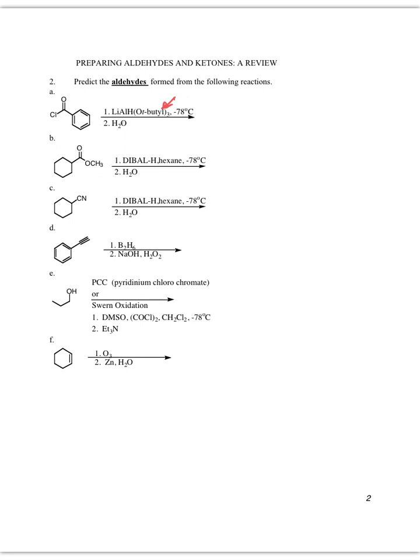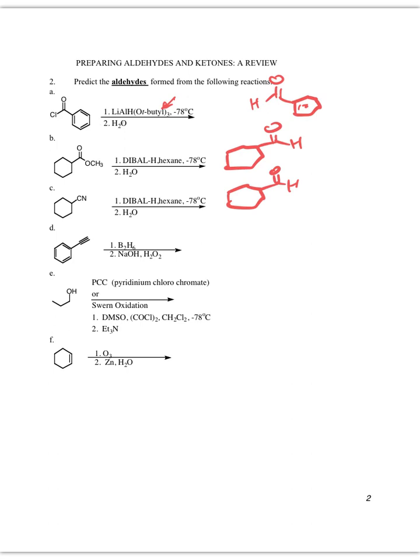So all it's going to do is reduce the acid chloride down to the aldehyde, adding an H- to the carbonyl carbon. DIBAL is another reducing agent. It's going to reduce the ester down to the aldehyde. It also reduces the cyano group down to the aldehyde because we add an H- to the C≡N triple bond.